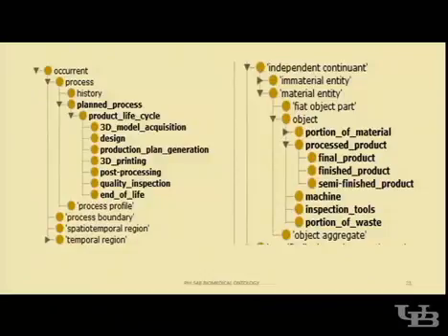And for the material, I classify it in a few areas, which is the portion of material separated from the processed product, where we have a final product, finished product, and semi-finished product, machine use, tools, and also the portion of waste.